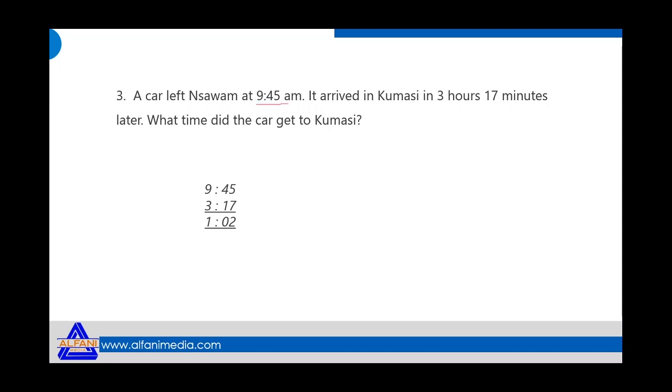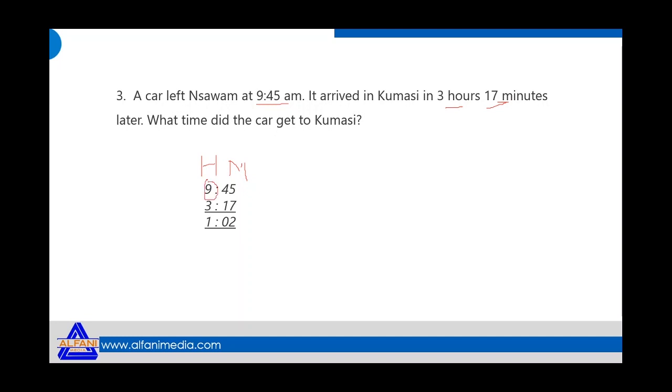So this is what I did. Here I have the car left 9:45 a.m. and it arrived in Kumasi in 3 hours 17 minutes. All right. So what I did was to take my hours out. So I represent it as in hours here and then minutes here. All right. So I took out 9 hours 45 minutes.